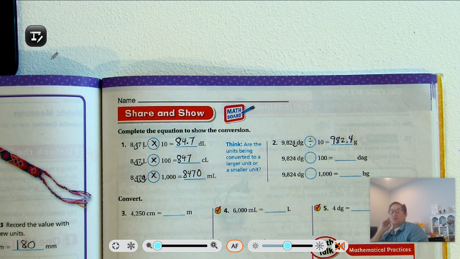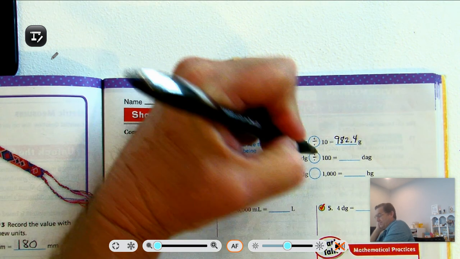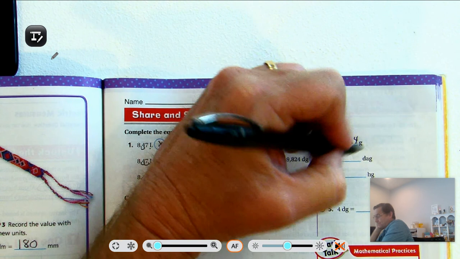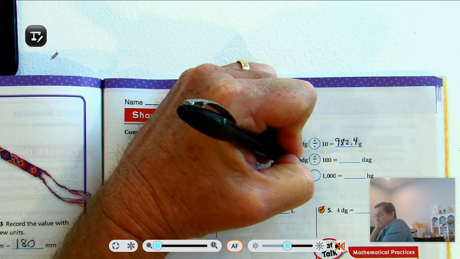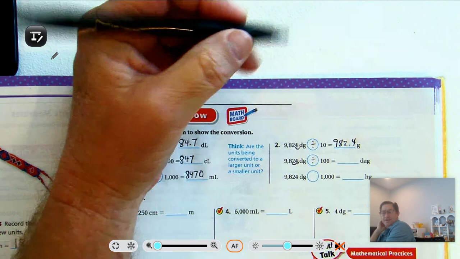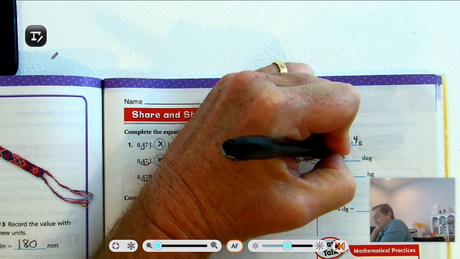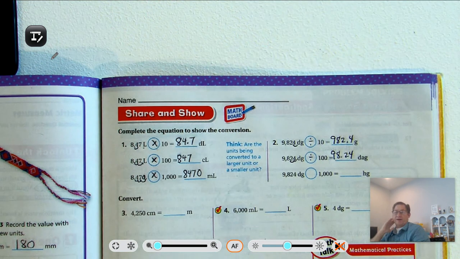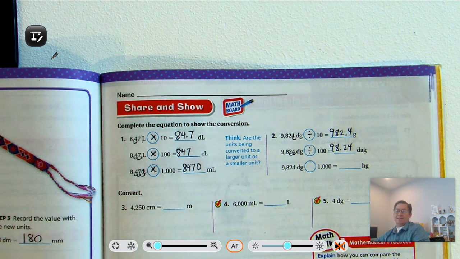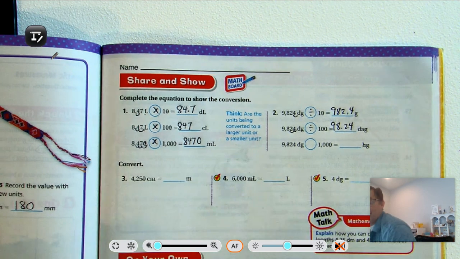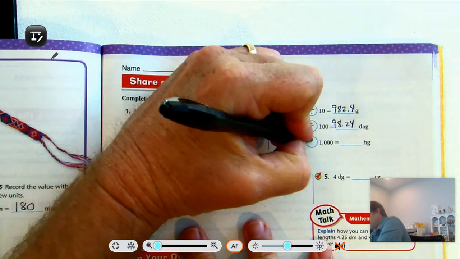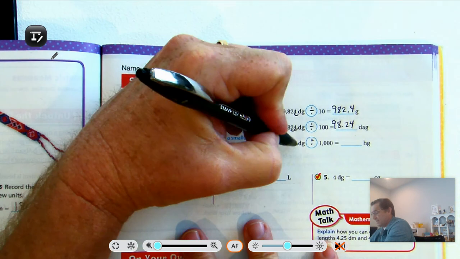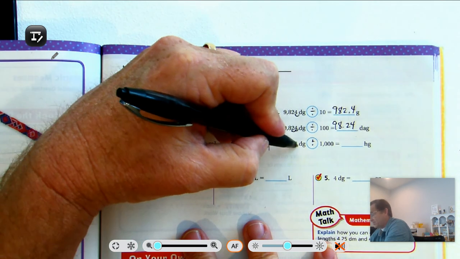Decigrams to decagrams, we're going to divide by 100, so move the decimal point 2 places to the left: 98.24 decagrams. And from decigrams to hectograms, we'd have to divide by 1,000, so take the decimal point and move it 3 places to the left.